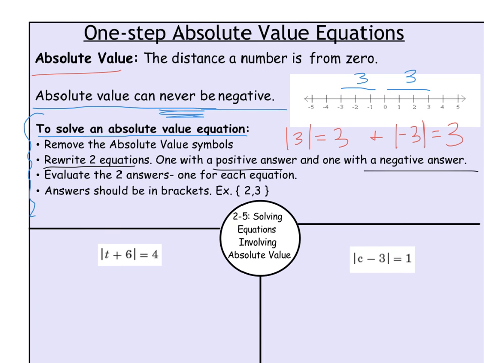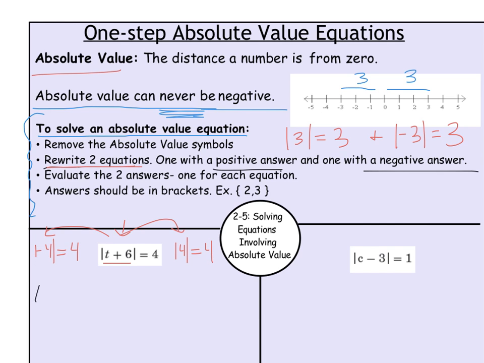The reason we do this is because inside here, if you look at this first one, it's t plus 6 is equal to 4. The absolute value of that is 4. So that means that inside here we could end up with negative 4, absolute value of that is equal to 4, or the absolute value of 4 is equal to 4 as well. So that means that inside of there, this part could be either negative 4 or 4.